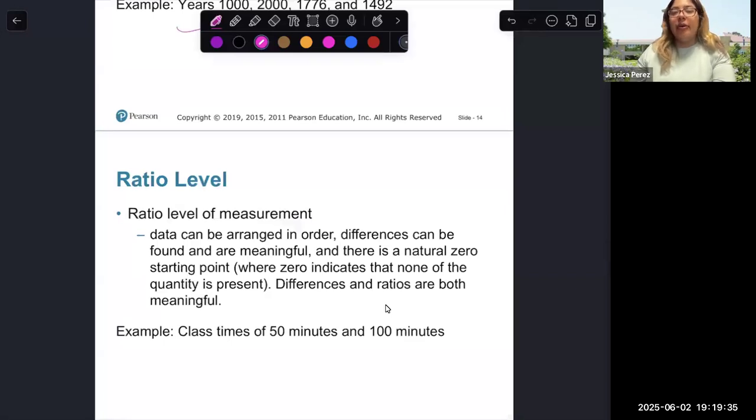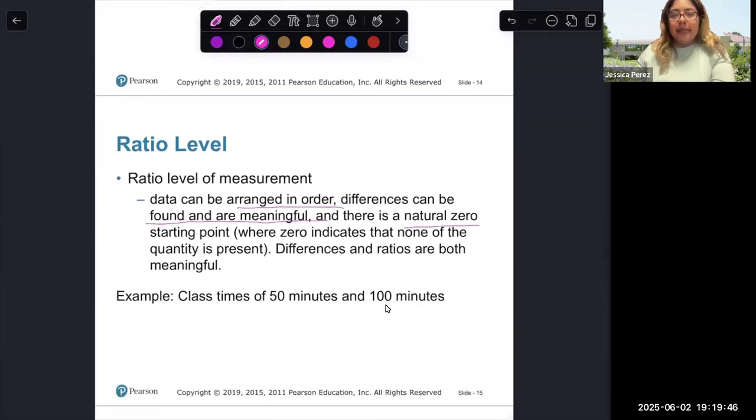Now the ratio level, that's the difference. The ratio level is data that can be arranged in order, the results are meaningful, and there's a natural zero. Take class times of 50 minutes and 100 minutes.